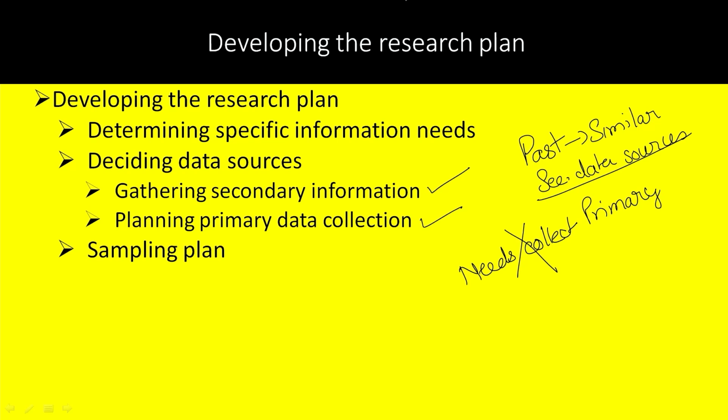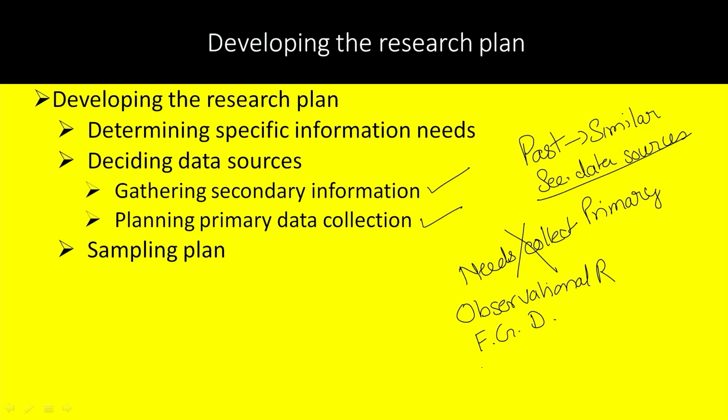So when we look at the research approach which the researcher can follow, then that research approach can be an observational research, it can be a focus group discussion, okay?